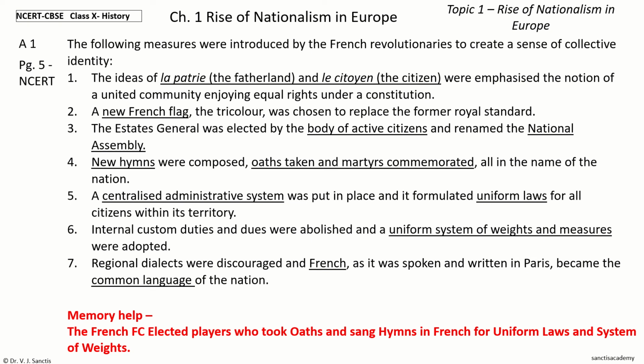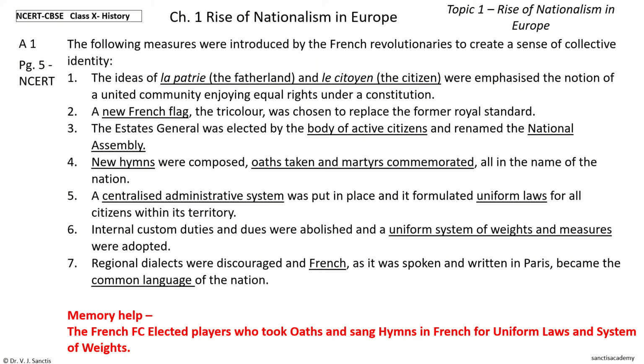So the French football club stands for the French La Patrie and Le Citoyen. Elected stands for election of the National Assembly. The next point is for new hymns and oaths. The next point is uniform laws within the country and weights and measures.